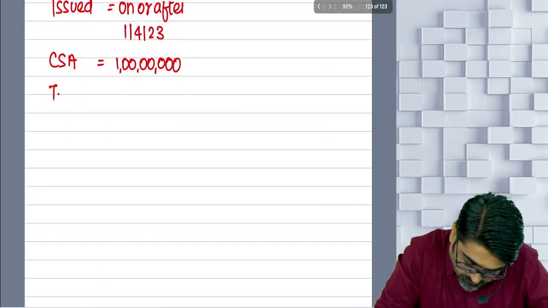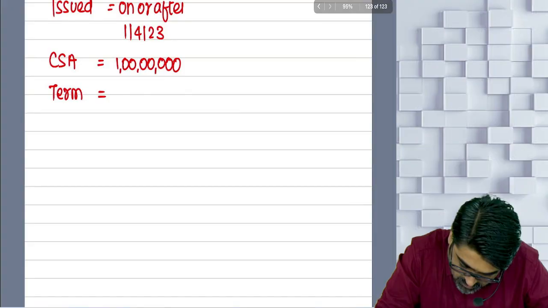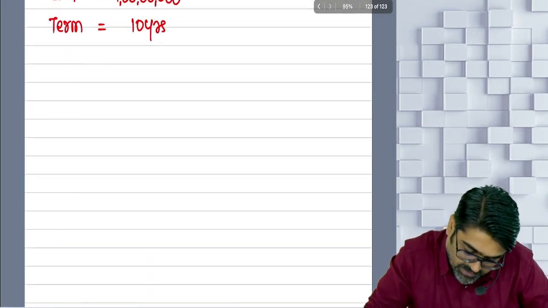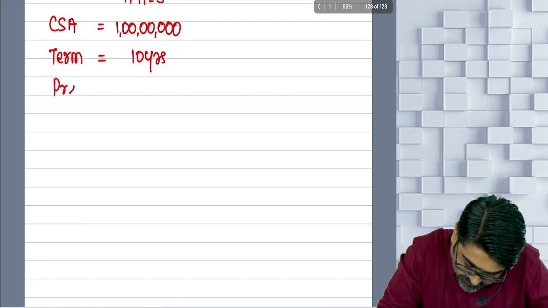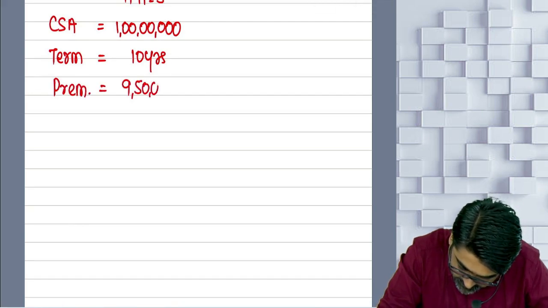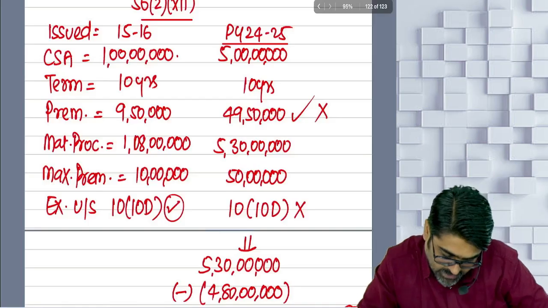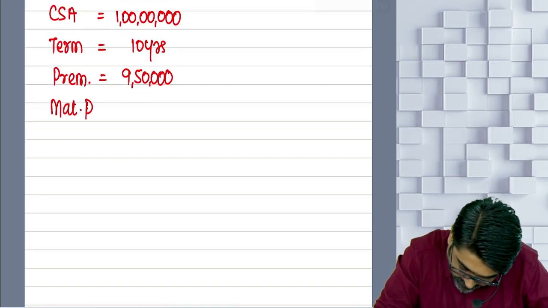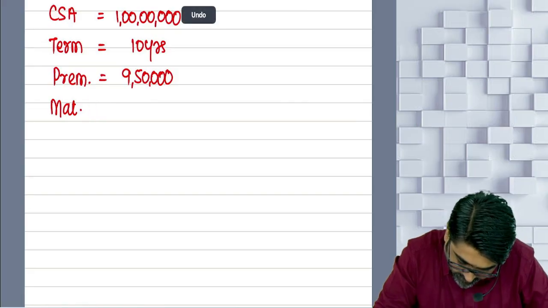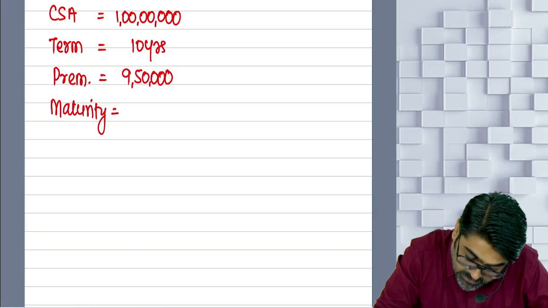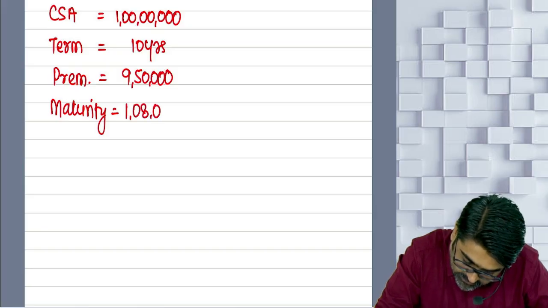For a term of how many years? 10 years. And the premium every year I will pay 9 lakh 50. And maturity proceeds I will get 1 crore 8 lakhs.